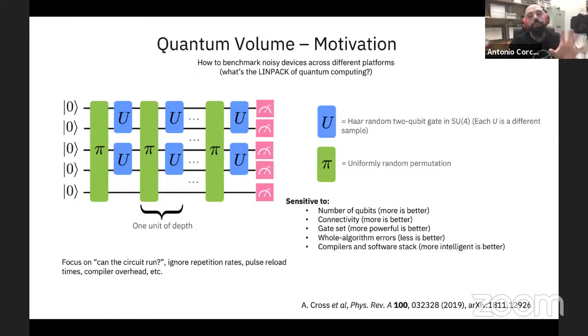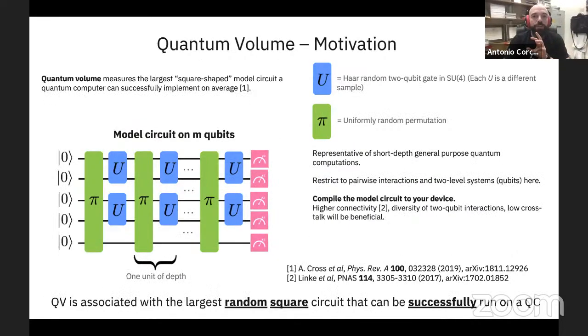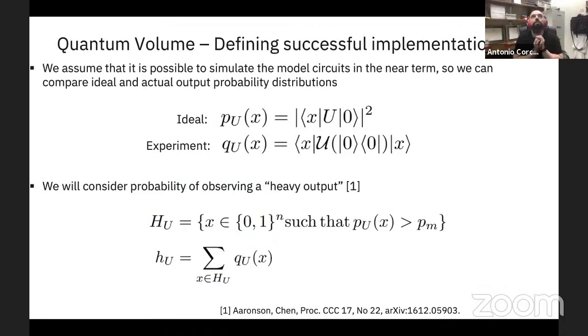Okay, so once you have these circuits ready to run, what you need to do is understand what it means to be successful. And for that, what we can define is called the heavy output. For each circuit we simulate with no noise.